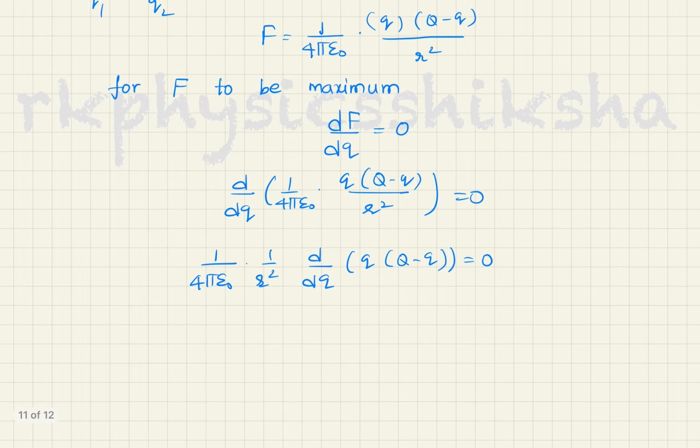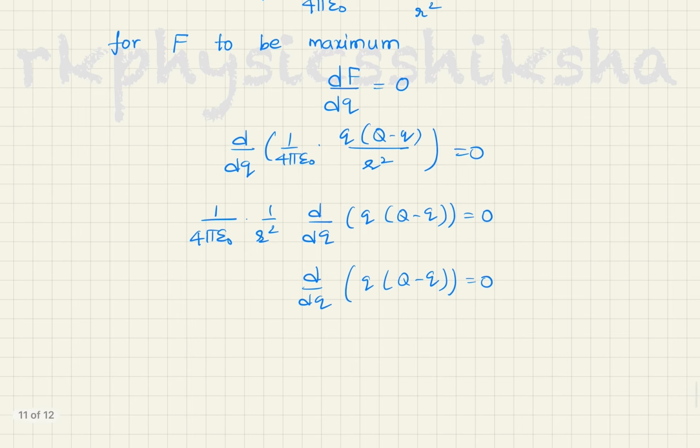Sending the constants to the RHS, it becomes 0, and I get d by dq of q into (Q minus q) is equal to 0. That means d by dq of (Qq minus q square) is equal to 0.